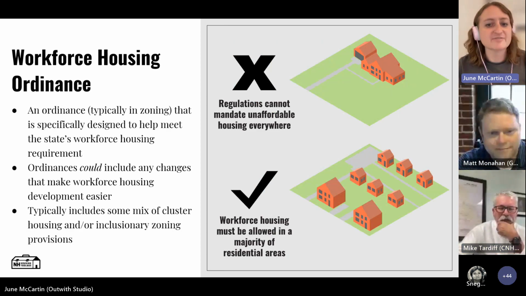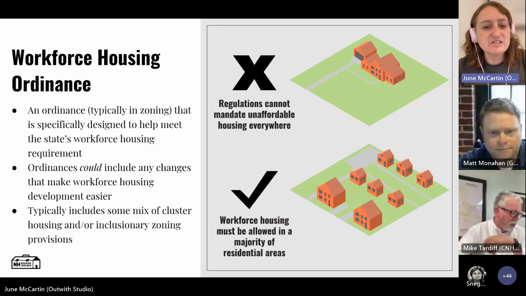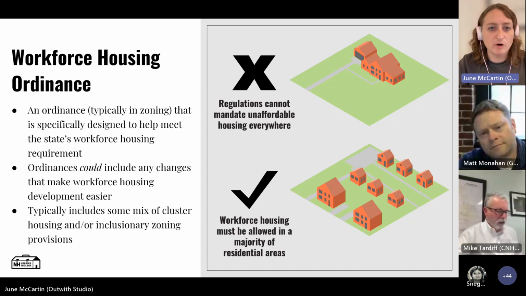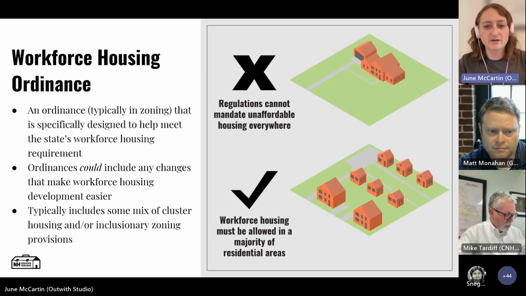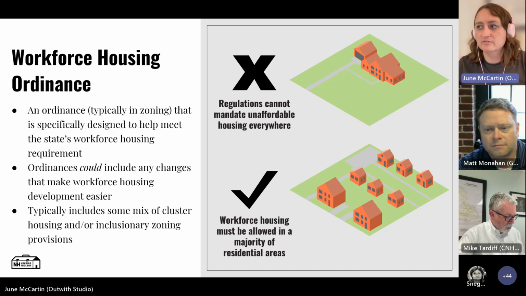Speaking of workforce housing, as you likely know, New Hampshire communities have a mandate to provide reasonable opportunities for the development of workforce housing. Basically, your zoning cannot require housing that, by the nature of the market, will be unaffordable to people of certain income brackets.